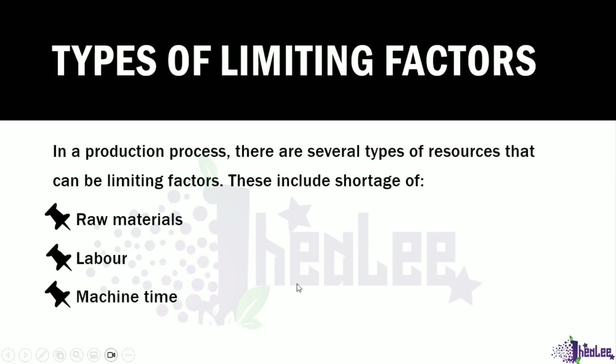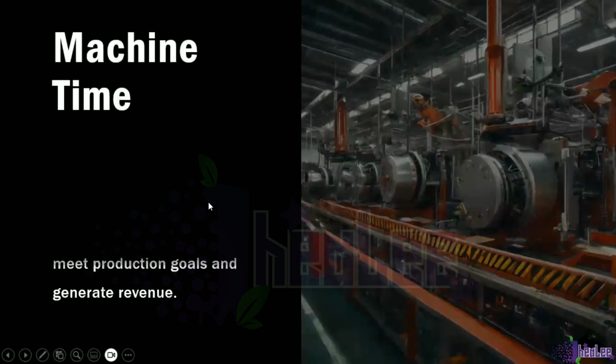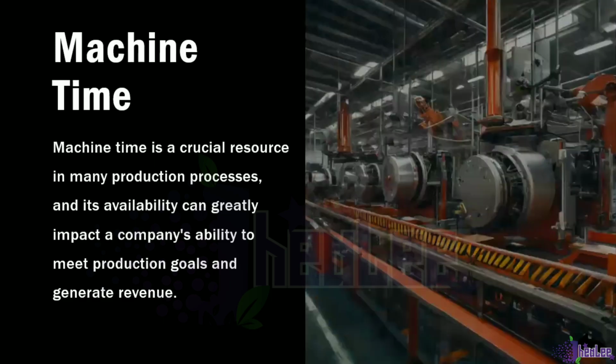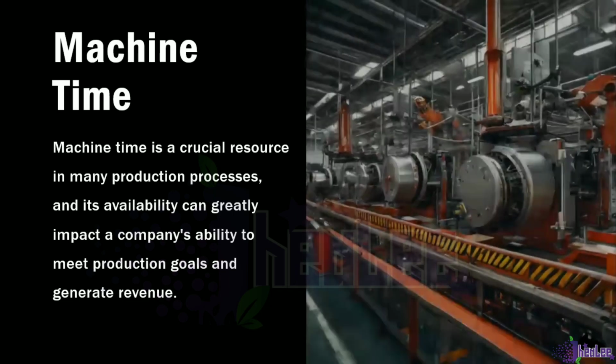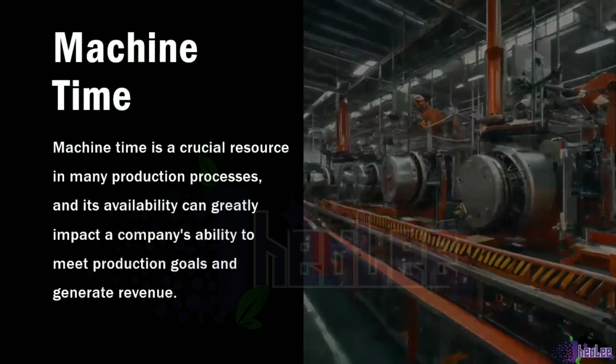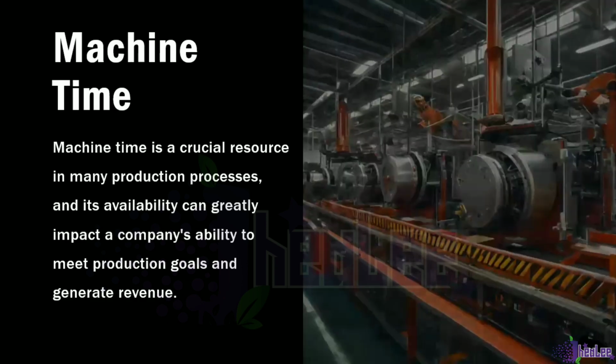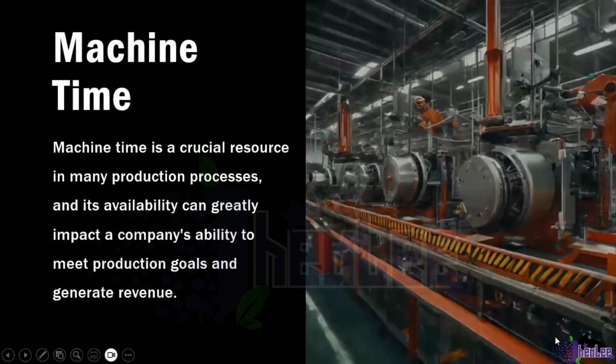Another limiting factor is a shortage of machine time. Machine time is crucial in the production process, and its availability can greatly impact a company's ability to meet production goals and generate revenue.